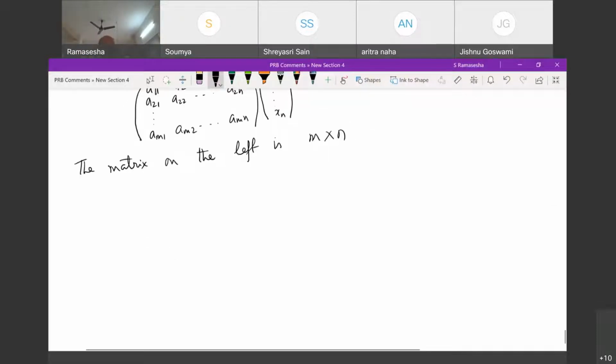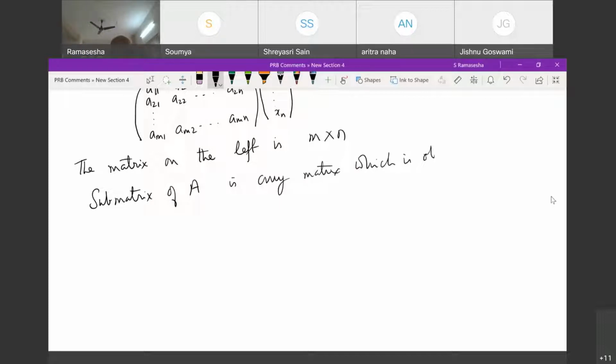Firstly, what I'll define is what is a submatrix. A submatrix of A is any matrix which is obtained from A by eliminating one or more rows or one or more columns.